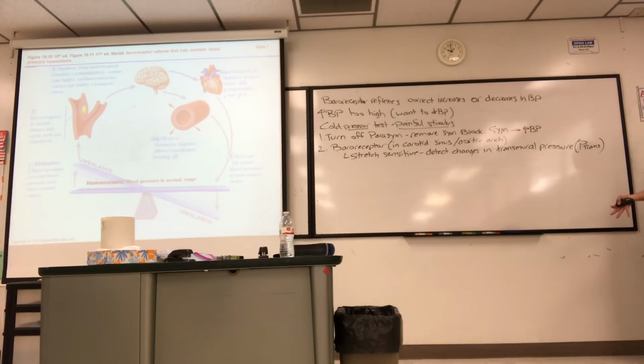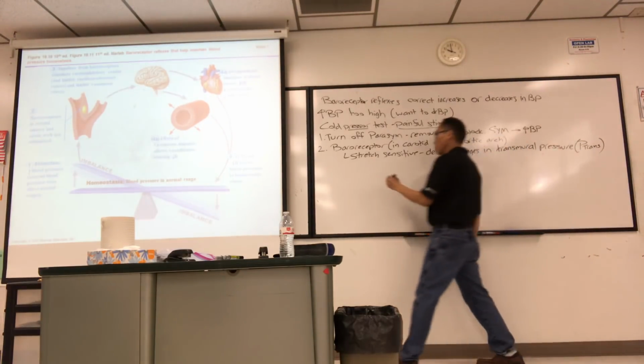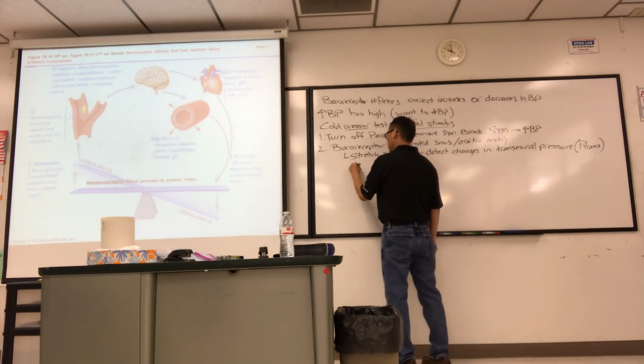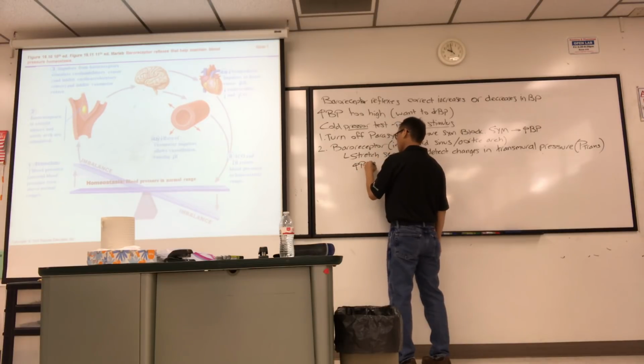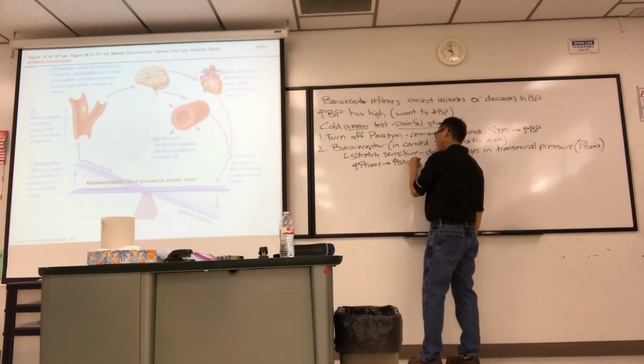Stretch sensitive means if you stretch the vessel wall, it's going to fire more. So if you have a jump in BP, you're increasing the P-trans, which means you're increasing the stretch in that wall.